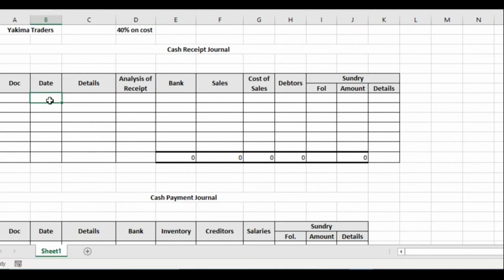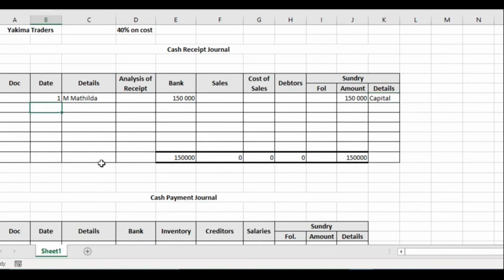They're going to go to our cash receipt journal because it's going straight to our bank account. Our date is the first. There's no document number for this transaction, so we just leave that empty. And then it's M. Matilda. Then our bank, we got 150,000. And then also in our sundry account, we got 150,000. Our details will be capital.